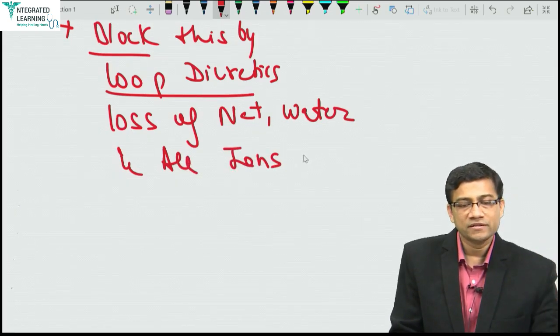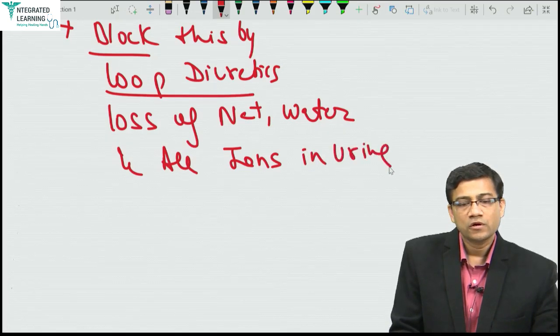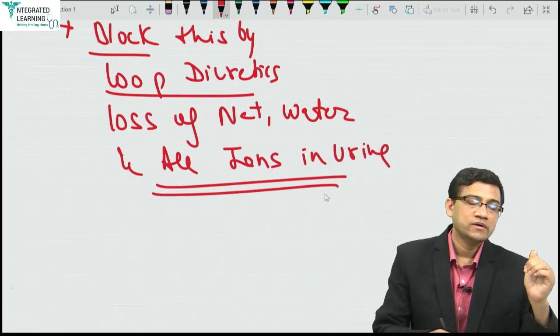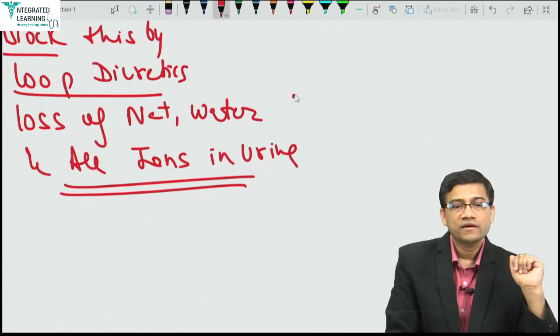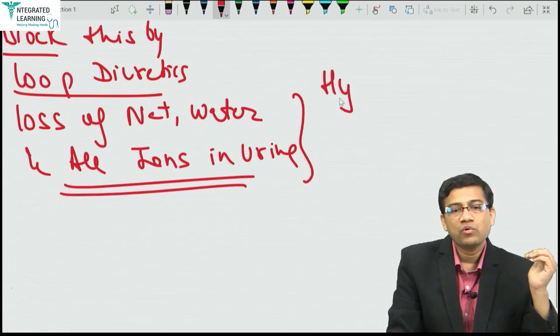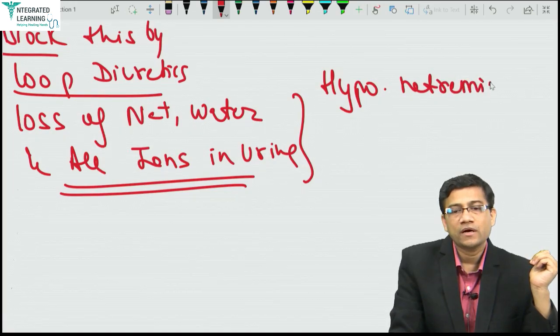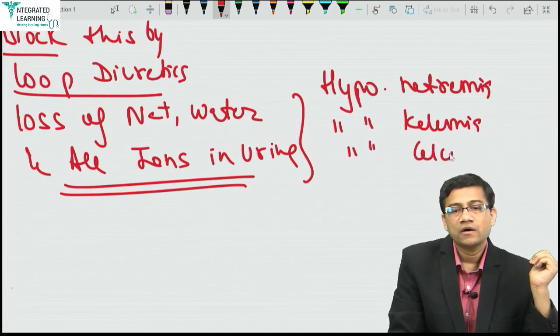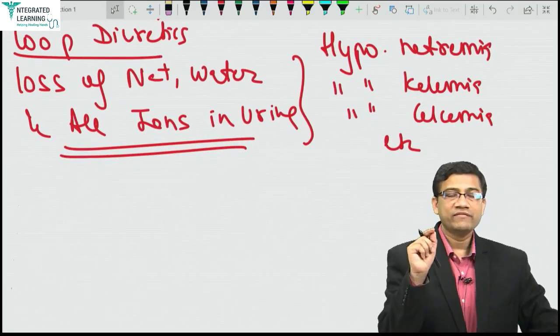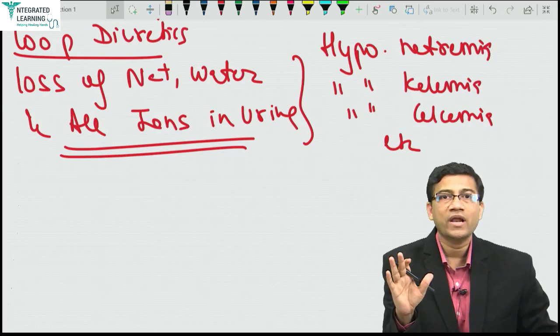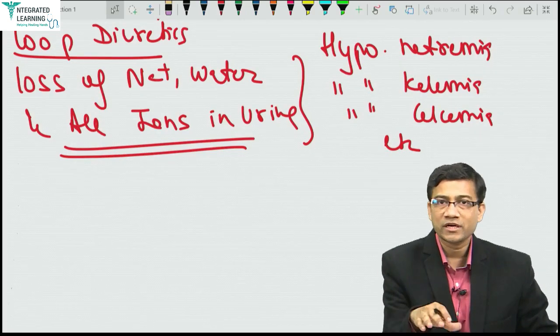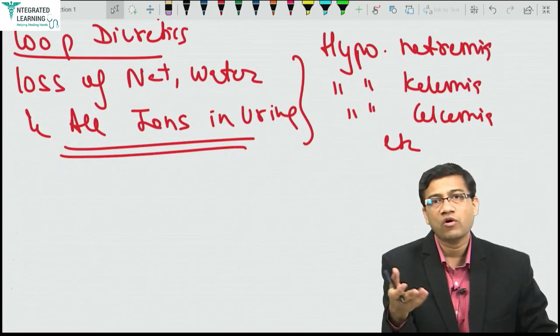So all ions in urine. And that causes what? That causes hypo of all: hyponatremia, hypokalemia, hypocalcemia, hypochloremia, etc. So what is the one-line feature? Loop diuretics cause loss of all ions. Why? All are coupled to sodium transport, and loss of sodium causes loss of all other ions.